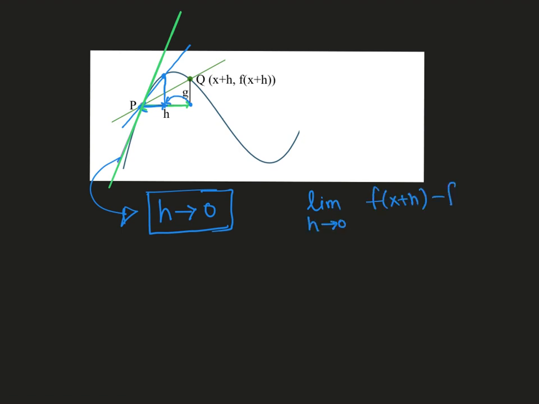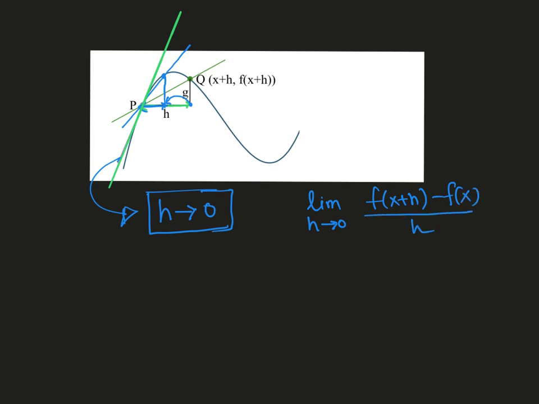So until the green line PQ becomes the new green line I have sketched, we would be decreasing the value of h. So this green line would only behave like this when h becomes approximately equal to 0, or we can say when h approaches 0. So we wrote the definition of derivative as the limit when h tends to 0 of f of x plus h minus f of x divided by h.